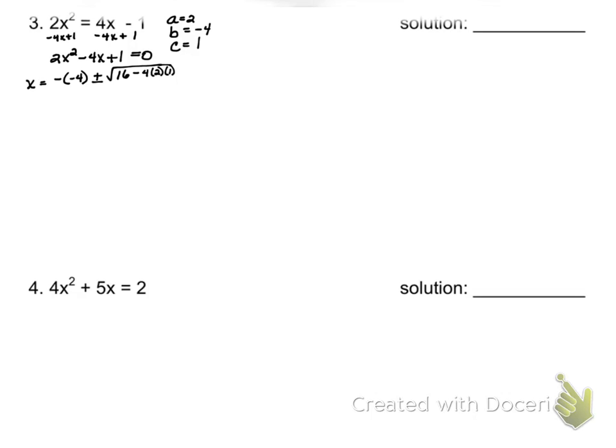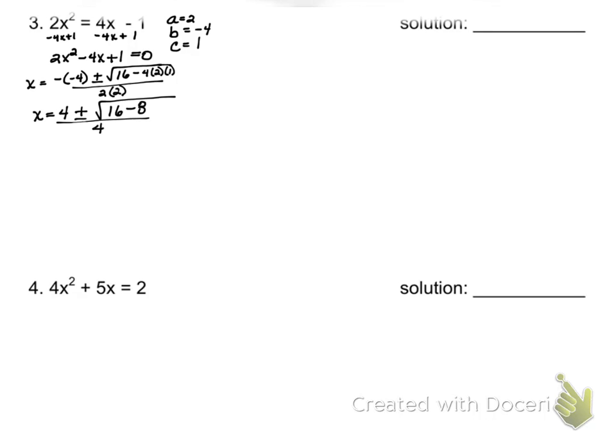Okay, all of that over 2 times a. So a is 2, so 2 times 2. Okay, so x equals 4 plus or minus the square root of 16 minus 8, all of that over 4.